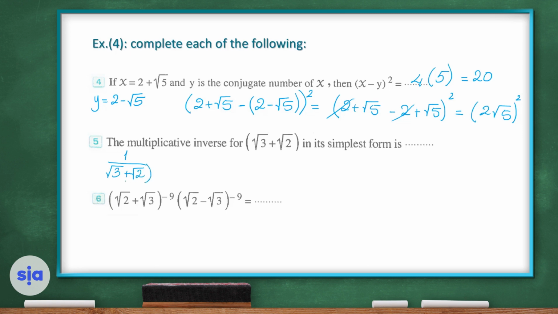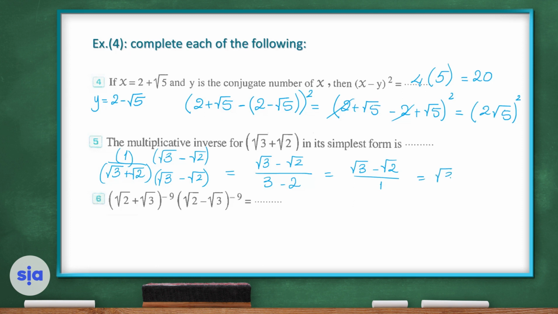They want it in the simplest form, so we need to rationalize the denominator by multiplying up and down by the conjugate of the denominator. So it's root 3 minus root 2 over 3 minus 2, which is root 3 minus root 2 over 1. Then the simplest form is root 3 minus root 2.